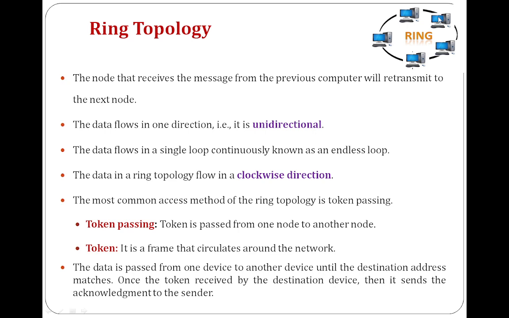For example, if I have data, I have to wait until my token comes. If I receive the token, I can be involved in packet transmission, or otherwise I have to wait for transmission. So that is the thing.